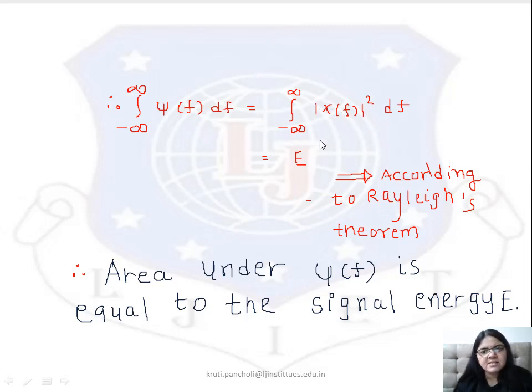But what is this? According to Rayleigh's theorem, this is the energy. So I can say that the area under psi(f) is equal to the signal energy E. So this is the property.